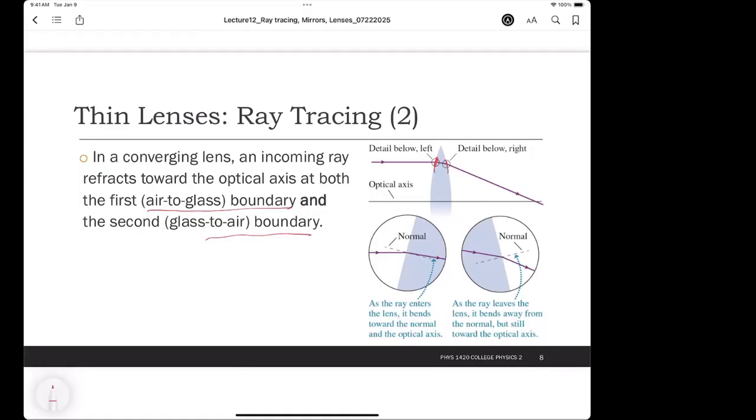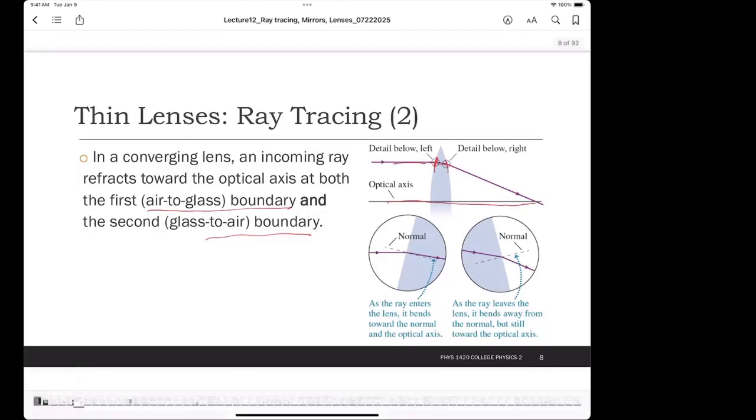In a convergent lens, an incoming ray is refracted toward the optical axis at both, not only this boundary, but also this boundary. They both refract towards the optical axis. Does it make sense to you?